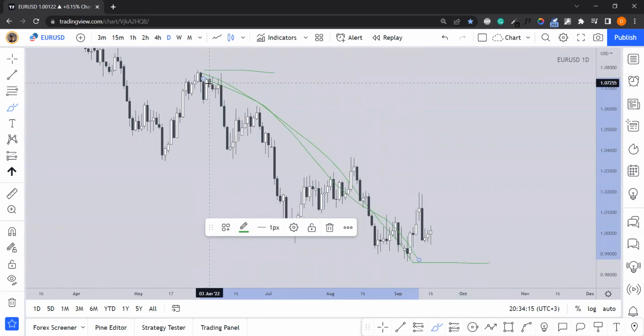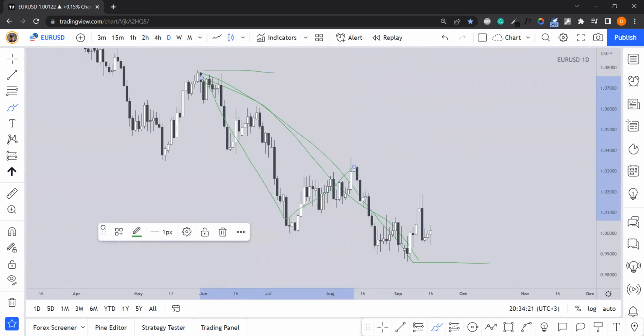But then a different person can say, but no, wait, we have this move and then this big pullback and then one more move. So the question is, is this one huge move, or is it two moves like this, or is it like one down move, pullback, down move, pullback, down move, and pullback?